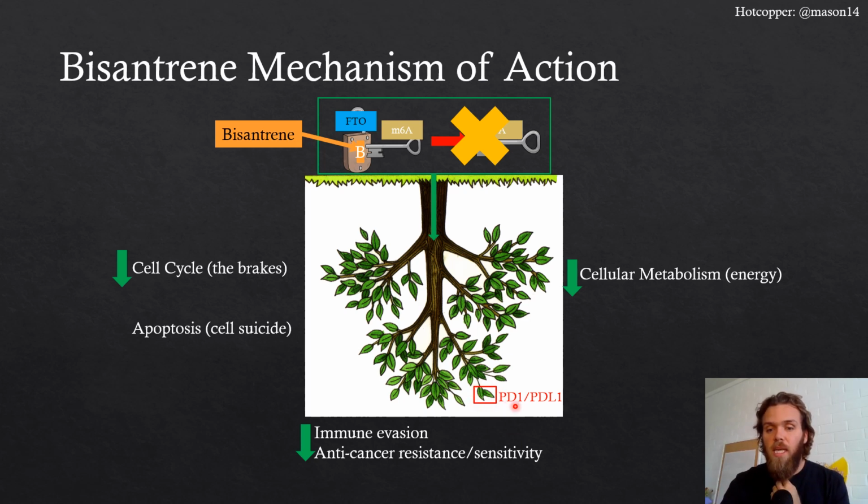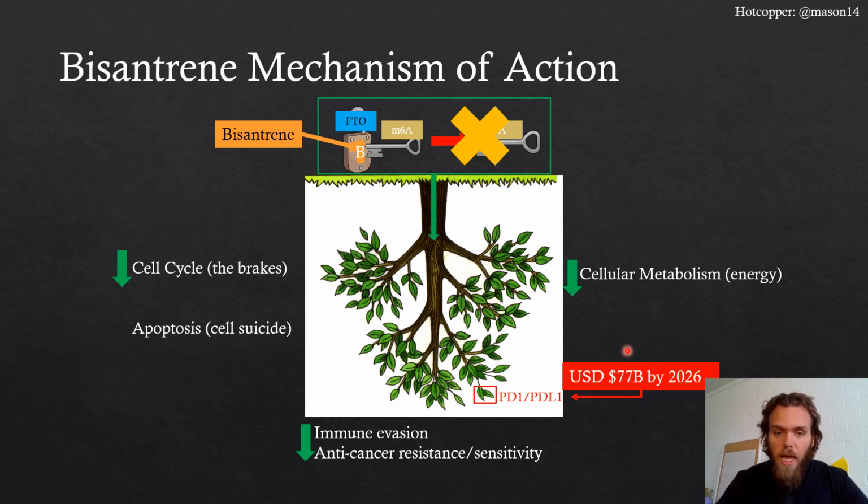So if we think about these leaves as PD1 or PDL1, then we know that those leaves are expected to be worth US$77 billion by 2026. And I think when you start to look at the model in this inverse tree way, and you start to appreciate what kind of effect you can have by targeting the core or the root of these mechanisms, you can start to appreciate maybe why I am very excited.